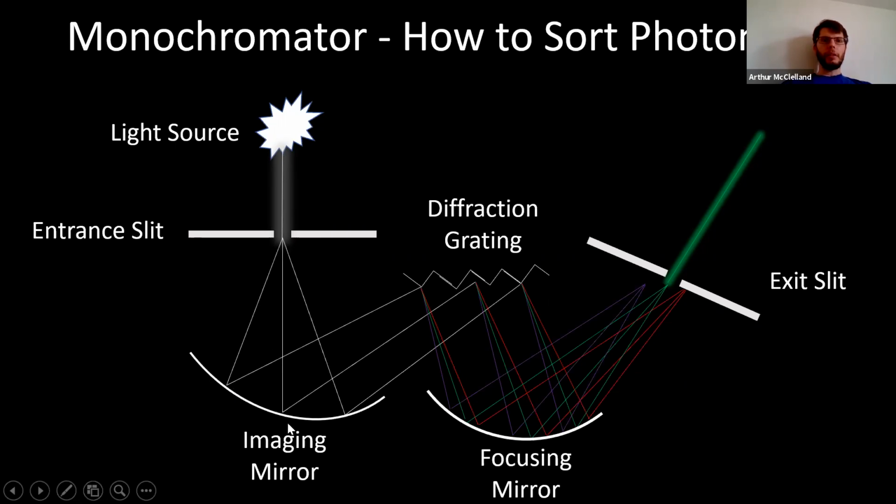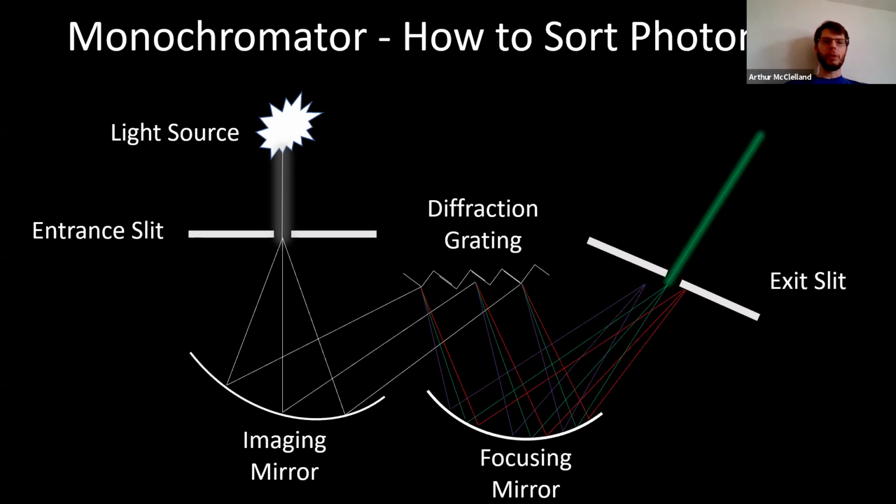In monochromators and spectrometers, we usually use all reflective optics, and that gets away from what's called chromatic aberration. The different wavelengths will travel at different speeds through refractive optics, through glass, through lenses.